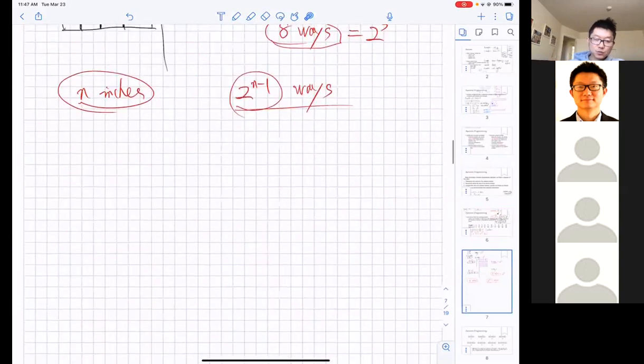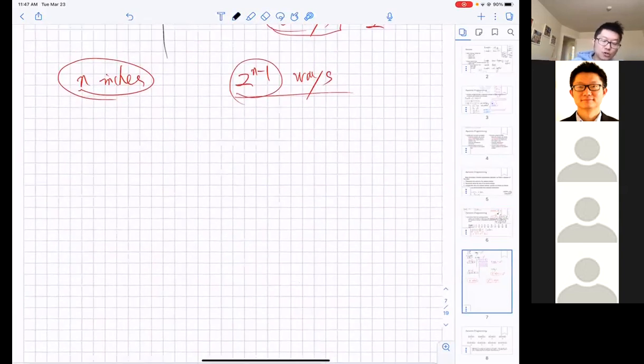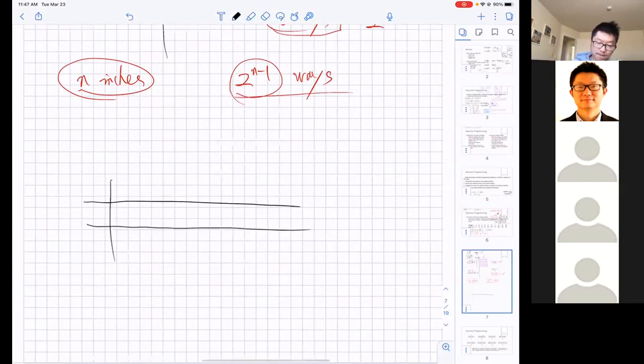Let's get a sense of why it is computationally infeasible. So far, what is the highest complexity that we have learned besides 2 to the power of n? What is the highest complexity that we have learned? Actually, that is n squared. So we learned n squared complexity from where?